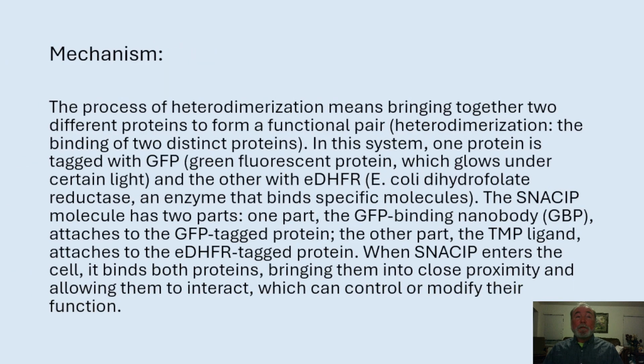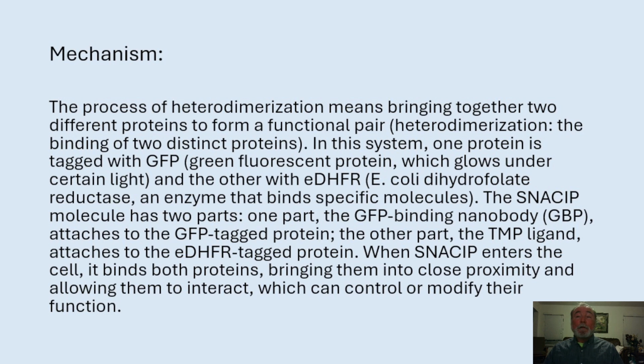The process of heterodimerization begins by bringing two different proteins together to form a functional pair. In this system, one protein is tagged with GFP, which glows under a certain light, and the other with the other protein from E. coli, an enzyme that binds to specific molecules.